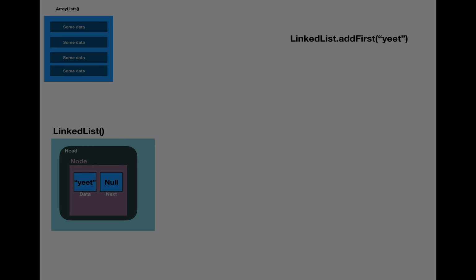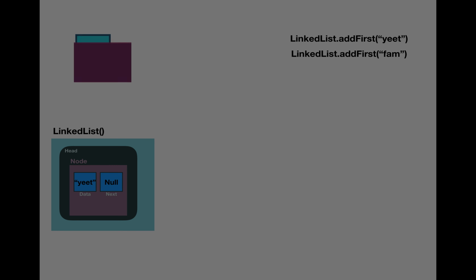If you want to add one more thing, then you can call linkedList.addFirst again, and you say, hey, I want you to store this string in here. So you create one more node, and that node will have a certain amount of data, and you want to add this node to the first item on the list. In this case, the first item is the head, so you want to add node to the head.